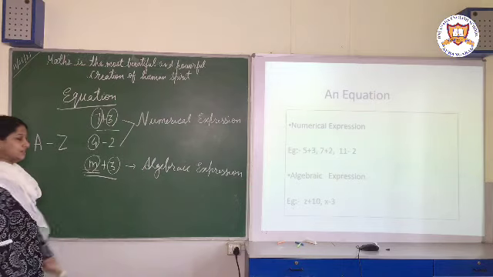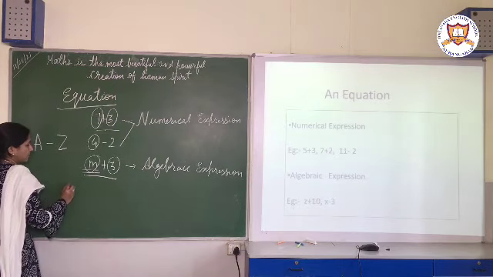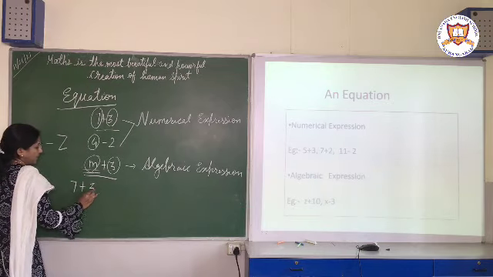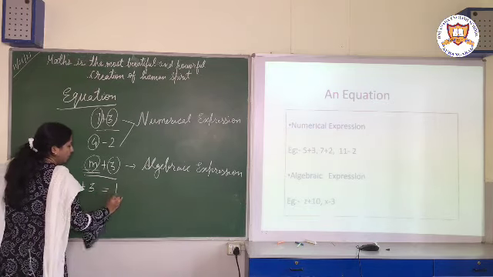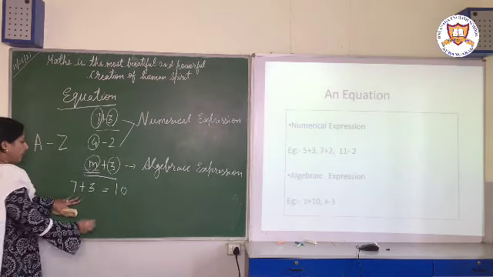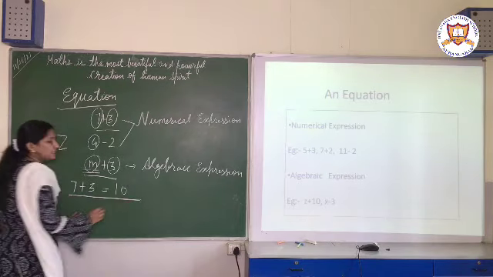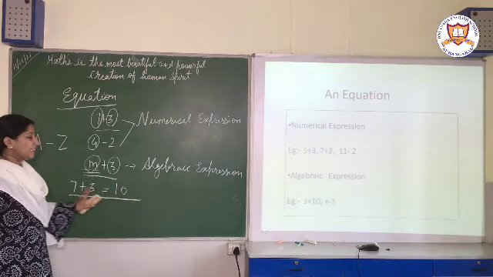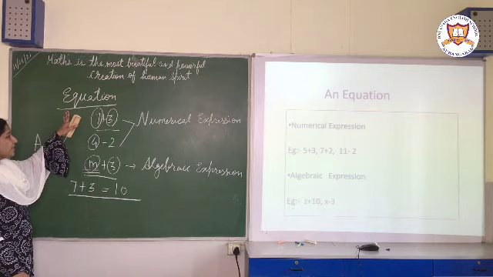So what is an equation? Students, when we write 7 plus 3 is equal to 10, now if you see here, can we say that this is an expression? No, this is not an expression, this is an equation. What is an equation?